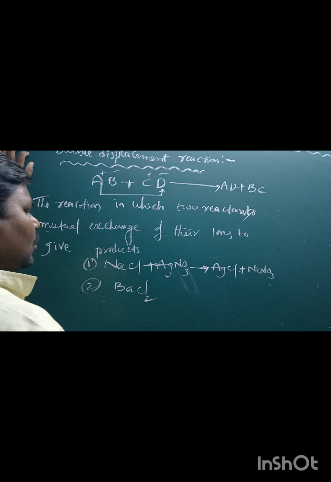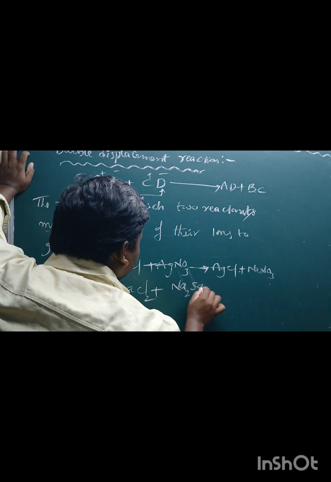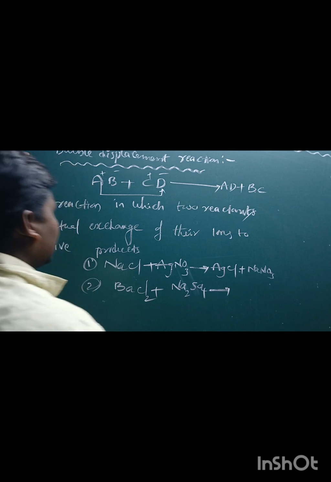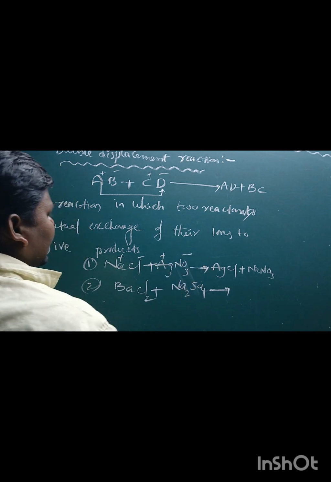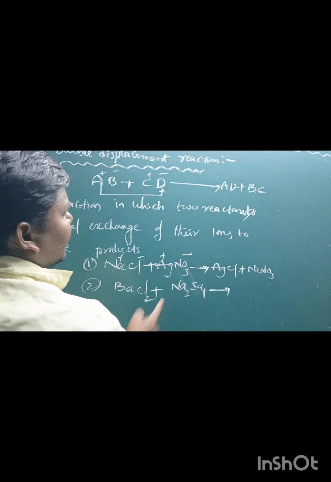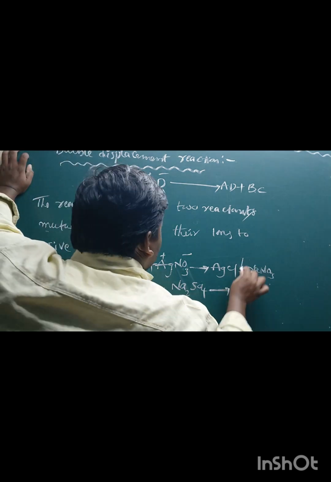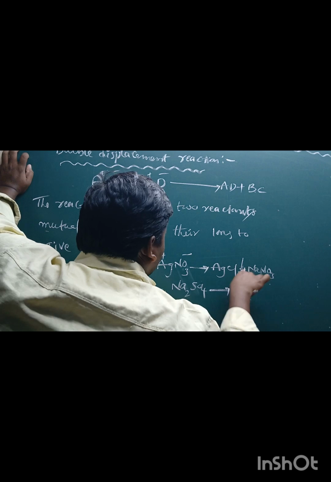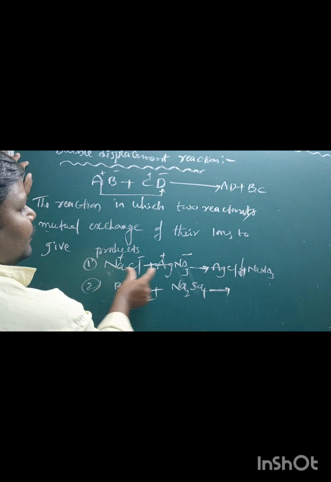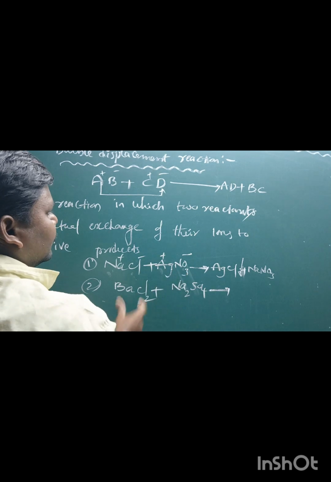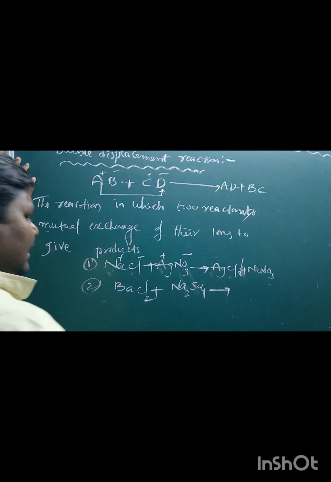Take one more example. BaCl2, barium chloride, plus sodium sulfate. In the first example, here Na plus and Cl minus, Ag plus and NO3 minus. Na plus exchanges with NO3 minus, Ag plus exchanges with Cl minus. AgCl is a white color precipitate: silver chloride, and NaNO3, sodium nitrate.